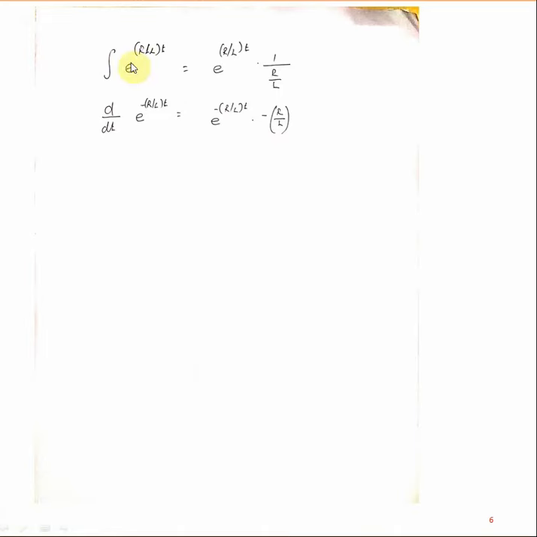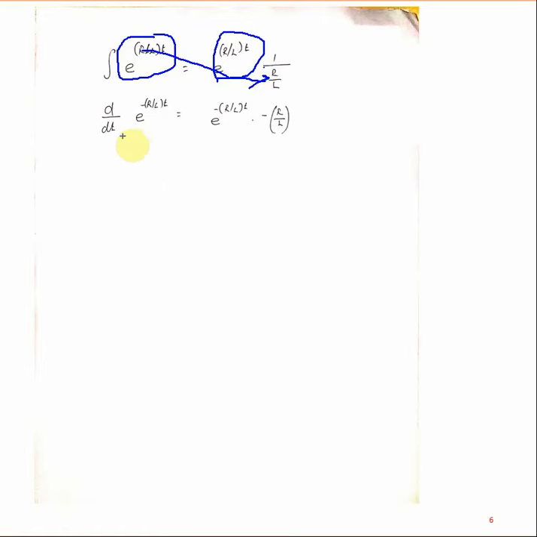What do you need to know as prerequisites? Integration. Integration of e power r by l into t gives e power of the same term, into 1 divided by this term. That is integration.